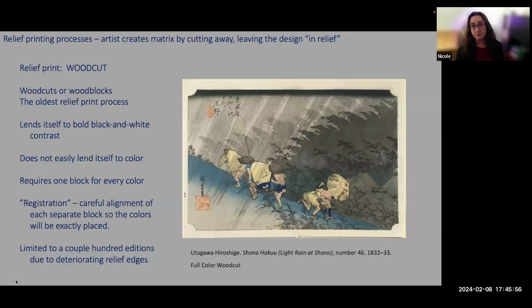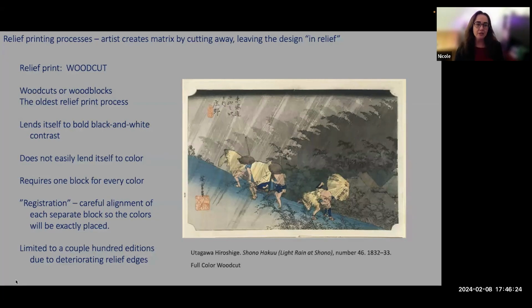The subject matter for Edo prints included famous theater actors, nightlife, landscapes, and even erotic pictures. Japanese prints were among the first objects of Asian art to find favor among European artists, and many painters in the late 19th century were strongly influenced by them, and we've seen that already in some of the work of the post-impressionists, Gauguin, for example, Van Gogh, for example.